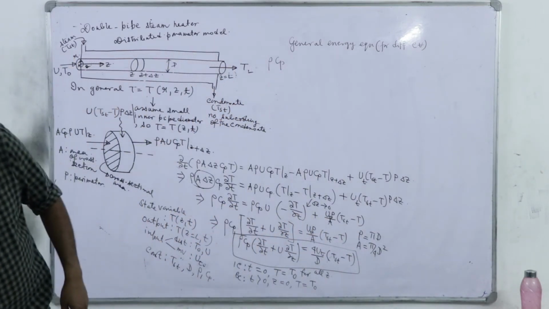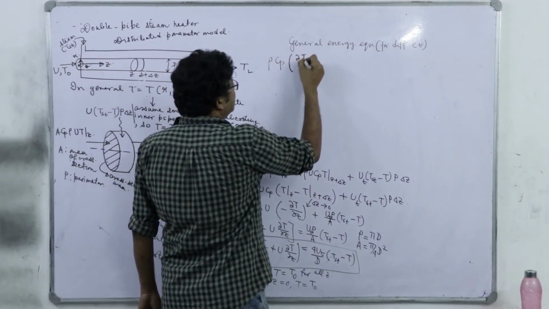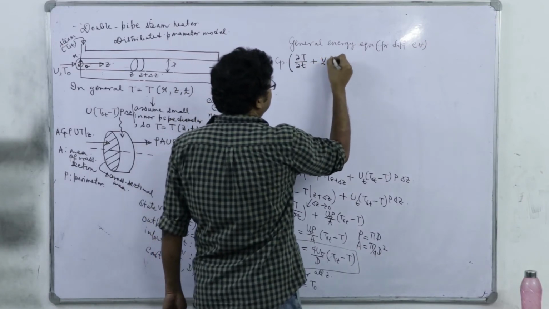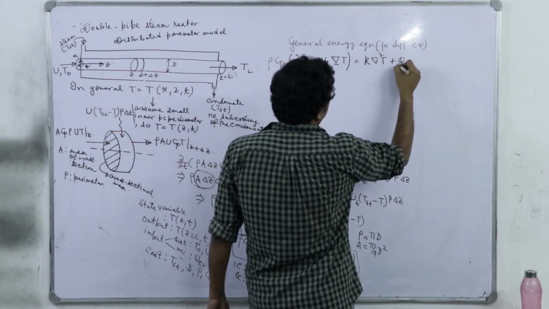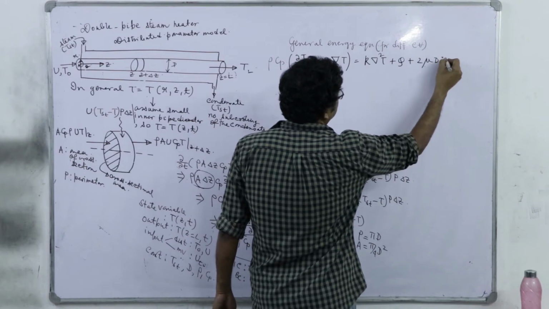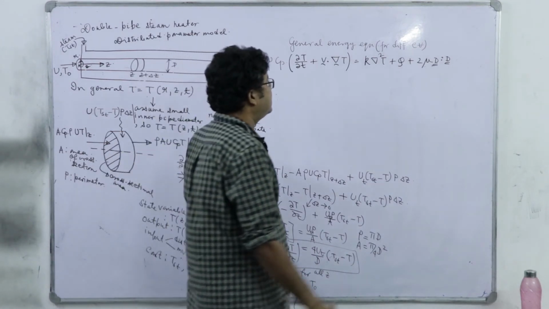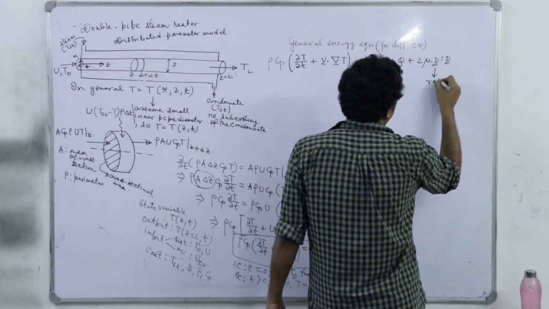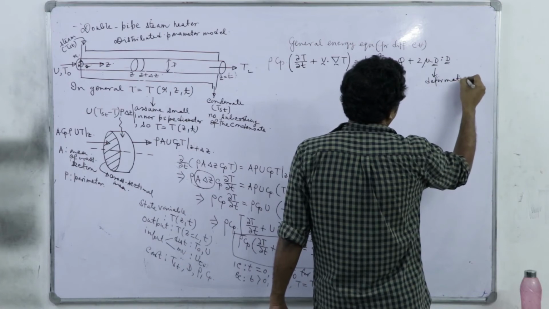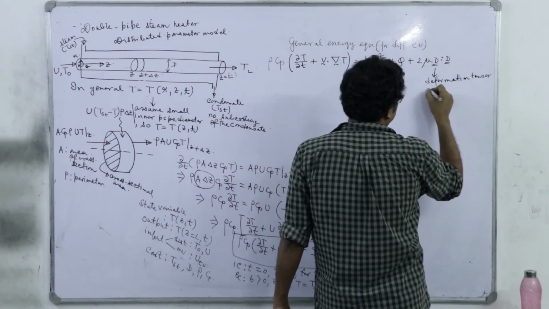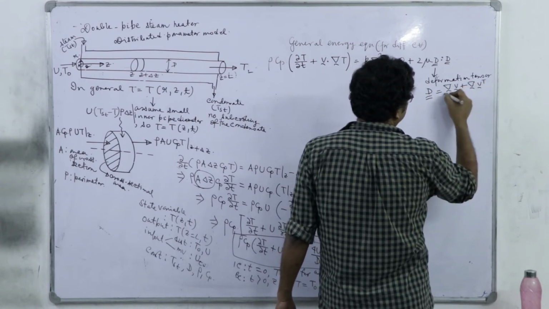So it is basically rho Cp del T plus V dot grad T equal to K grad square T plus Q plus 2 mu D double dot D. This D is the rate of deformation or deformation tensor, we have discussed it in heat transfer, and D is equal to grad V plus grad V transpose by 2.